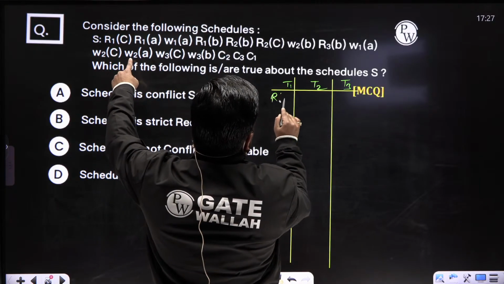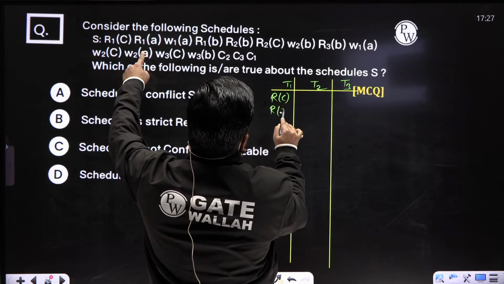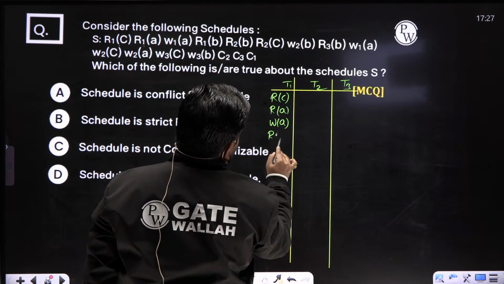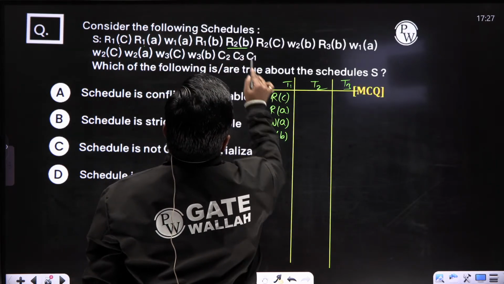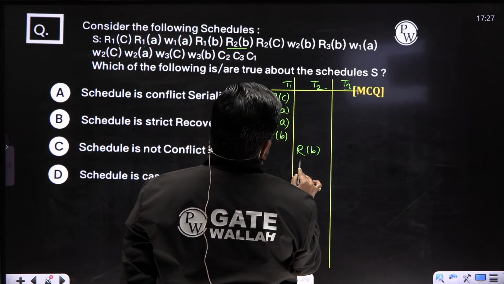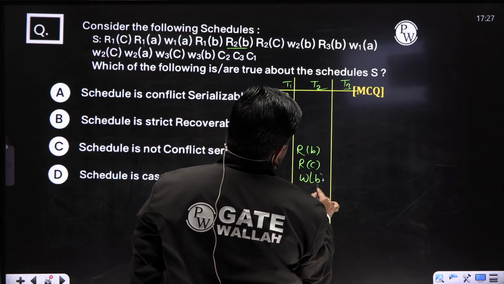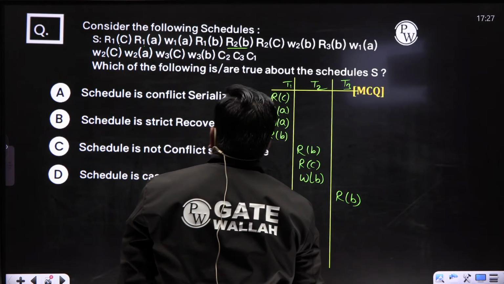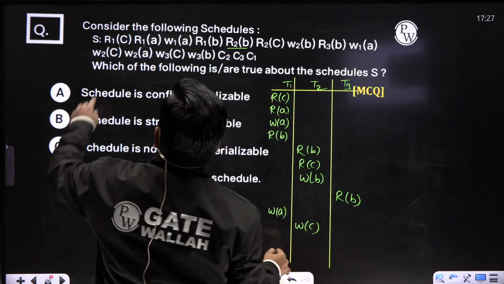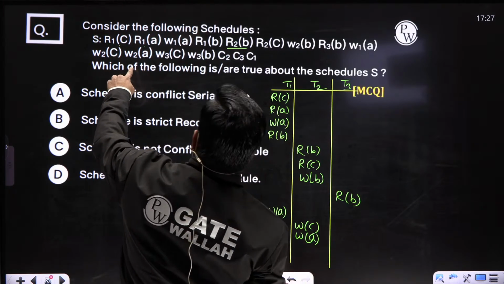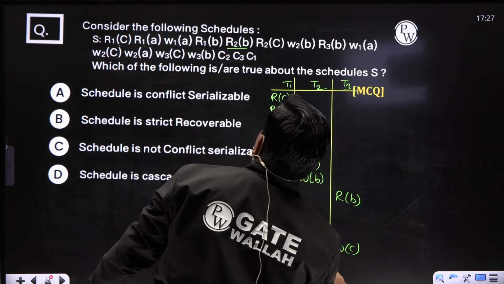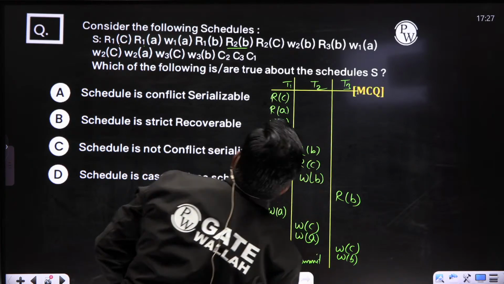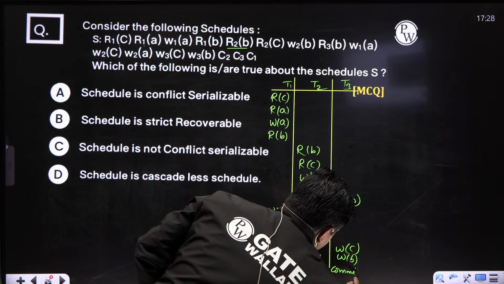Read C, read A, write A, read B, and read B, read C, write B, then read B, then write A, after that write C, then write A, then write C, write B, commit of T2 first, then T3, and after that T1.